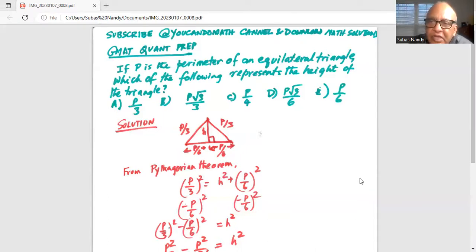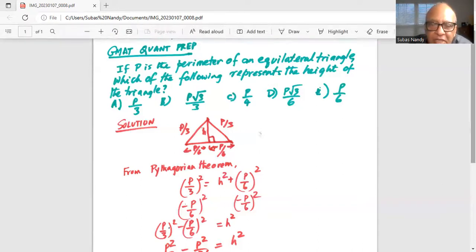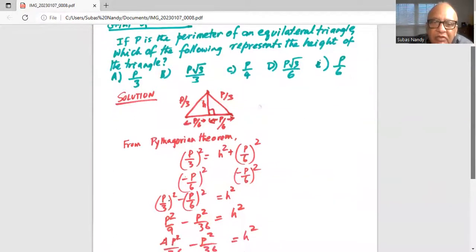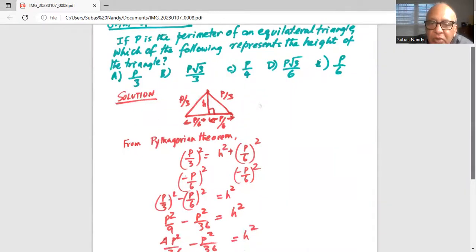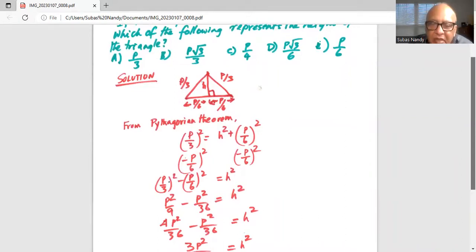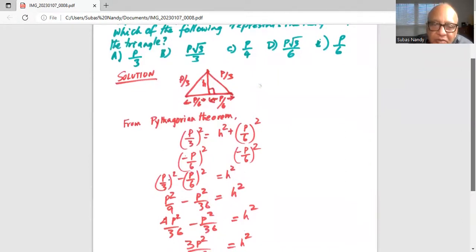Because I want to solve for H. I want to move the P variables to one side only and keep the H on the right hand side of the equation. Hence, I have on the left hand side P over 3 square minus P over 6 square equal to H square. Now, P over 3 square is P square by 9 and P over 6 square is P square by 36, and that is equal to H square.